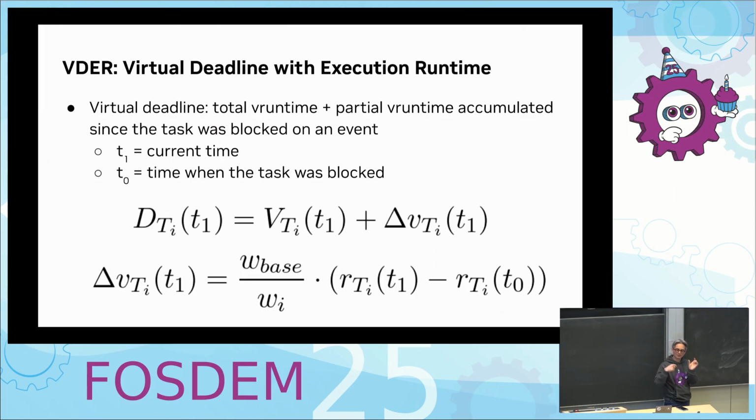So a task that has used less of its time slice before would get a shorter deadline. Therefore, it will run more often than other tasks that have used the whole time slice, because they would get a bigger deadline like this. Is it fair? No, but who cares?